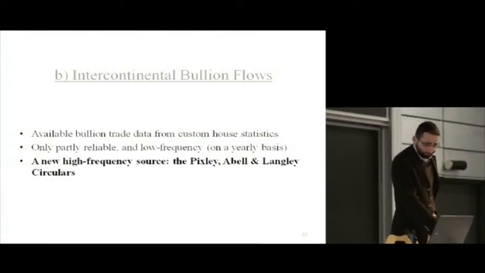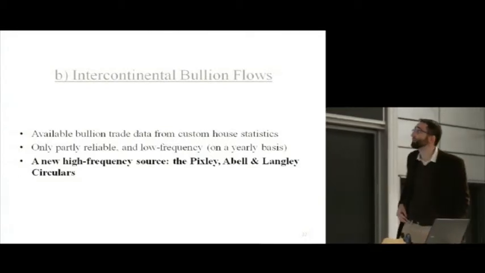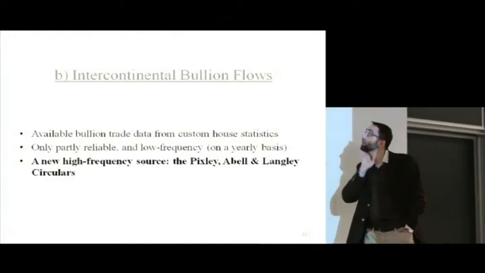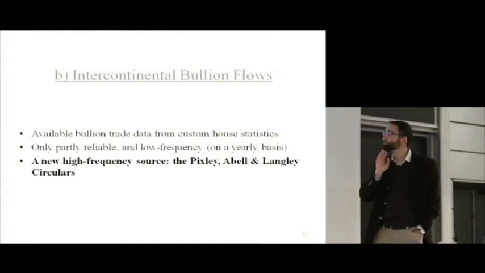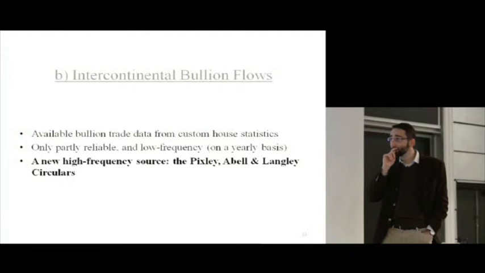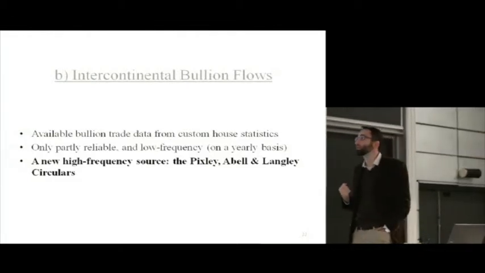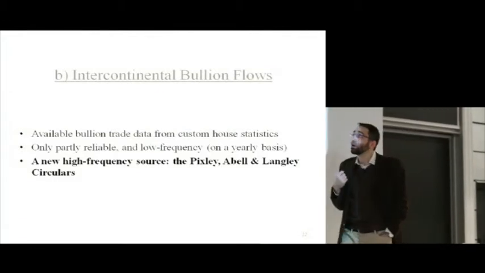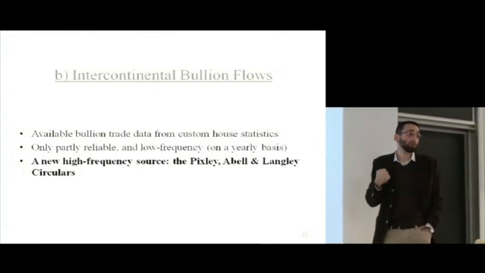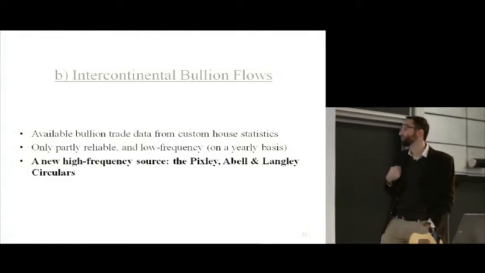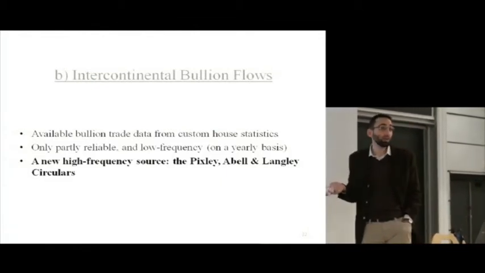Okay, now I'd like to pass to the second part of this presentation, looking at intercontinental bullion flows. At this point, we have statistics on bullion flows, but they come mainly from customs statistics, and the problem is they are not high frequency, because they are basically only on a yearly basis.